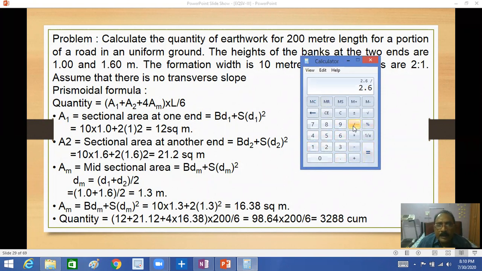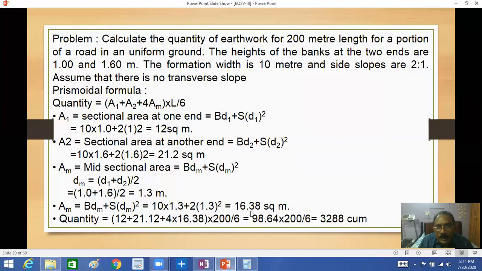This divided by 2, you will get 1.3. This is DM. Here you calculate 10 into 1.3, that is 13, plus 2 into 1.3 into 1.3. So you will get 16.38 square meters.